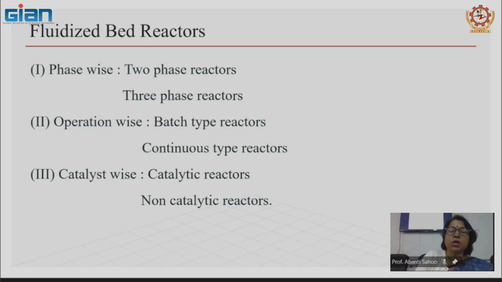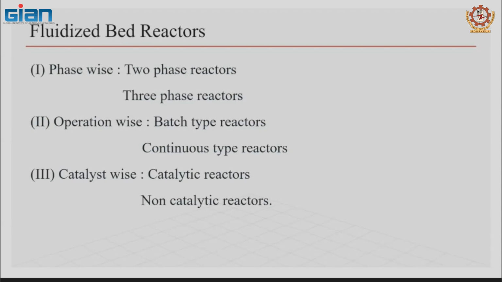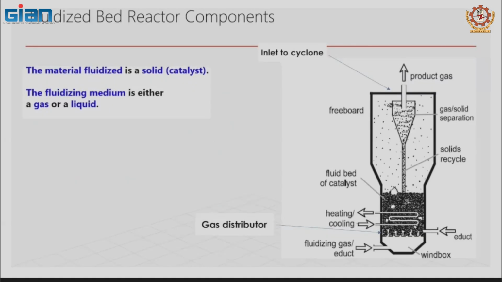Also, depending on the type of the reactions to be carried out, it may be catalytic or non catalytic reactors. Now, we should have an idea about the reactor, what are the basic components of this fluidized bed reactor.